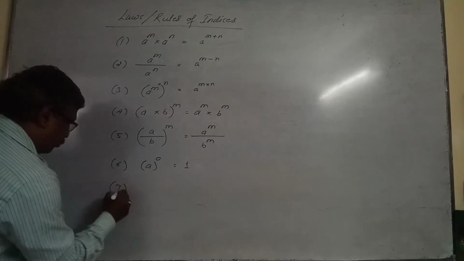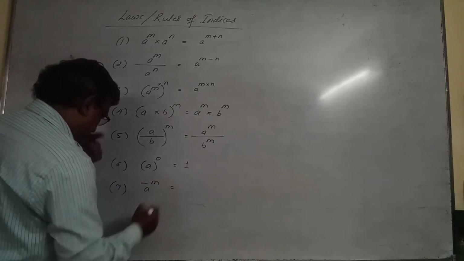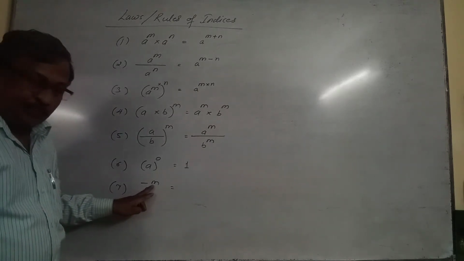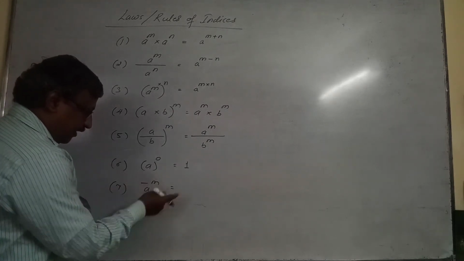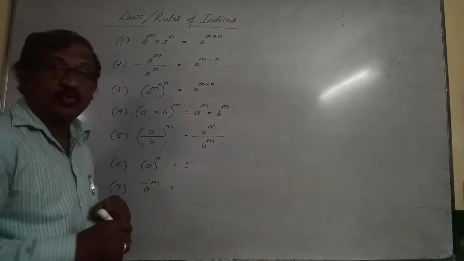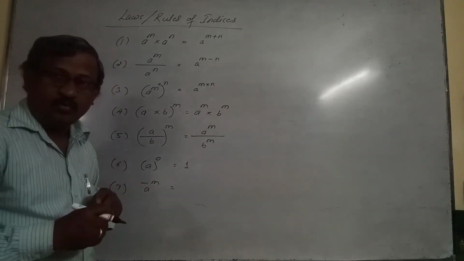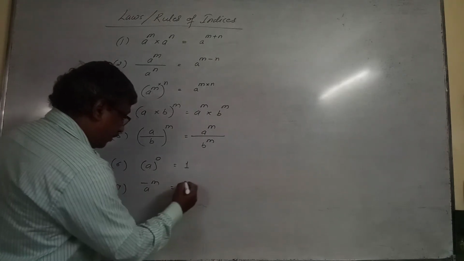And my seventh rule is, if it is a raised to minus n, meaning when the index is negative. To convert this negative index into a positive index, you have to write it in its reciprocal form. So how do you write it?